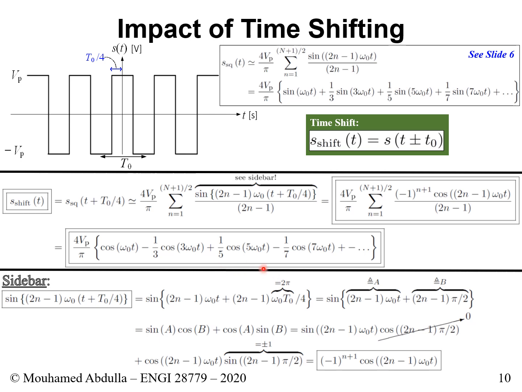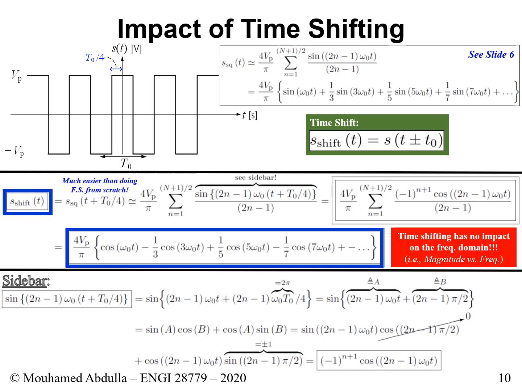So does that impact us for the frequency domain? Well, it turns out it doesn't. This is the important result that you should realize: time shifting has no impact on the frequency domain, especially since we're looking at the frequency domain at the magnitude, right? If you don't look at the magnitude and you take into account the impact of phase, then sure, this shifting will have an impact.